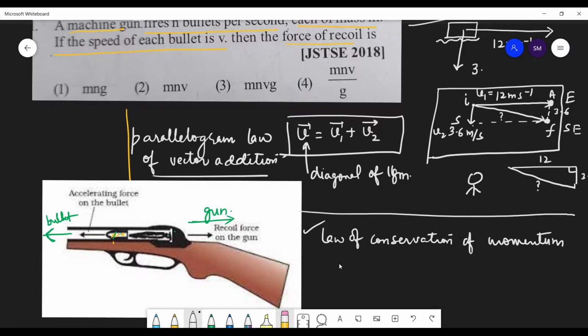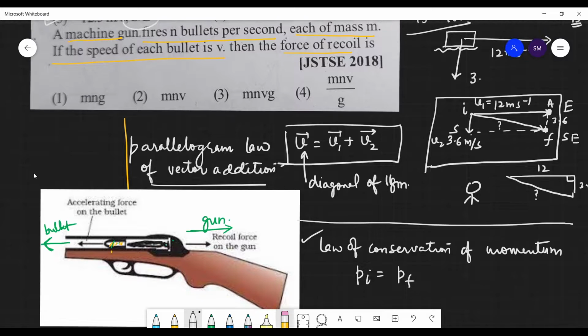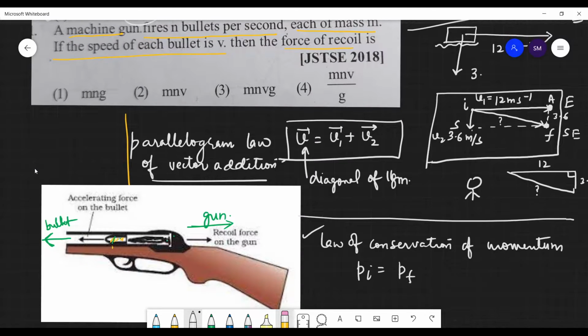Very important law of conservation of momentum. The initial momentum is equal to the final momentum. So what was the initial momentum here?